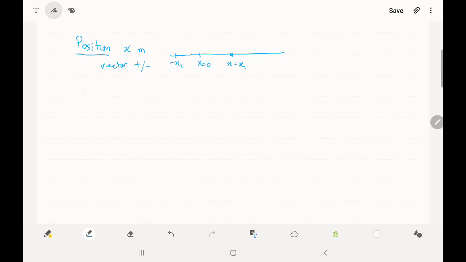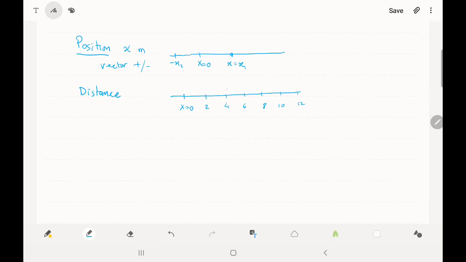Now the second thing we want to define is distance. And let's suppose we'll make another line here. So this is x equal to 0. Let's say 2, 4, 6, 8, 10, and we can keep on going.